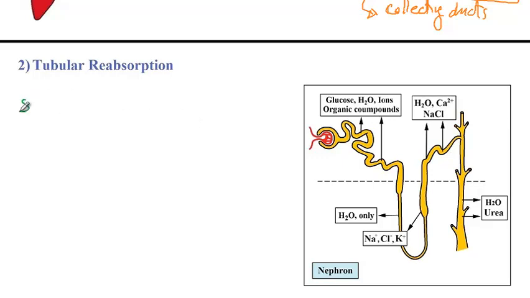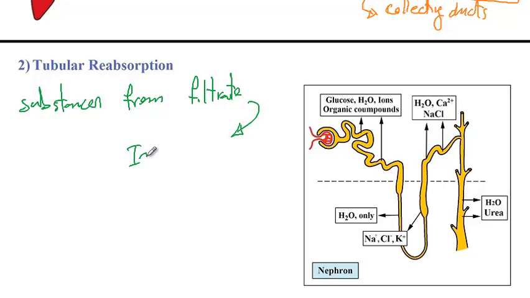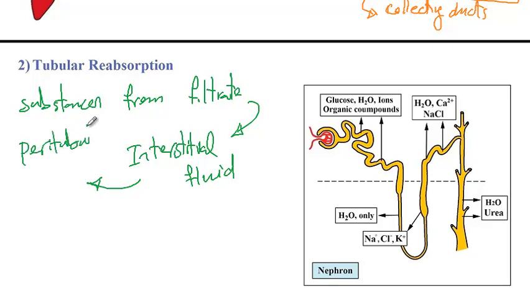So here we have substances from filtrate getting reabsorbed into the interstitial fluid space, and from here on, these substances will enter the peritubular capillaries, where peritubular means surrounding the tubules.